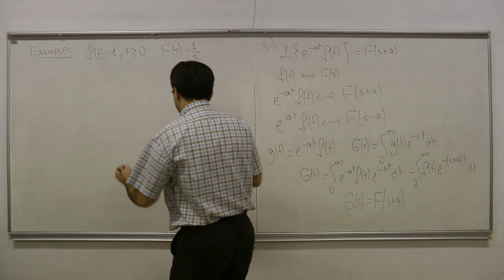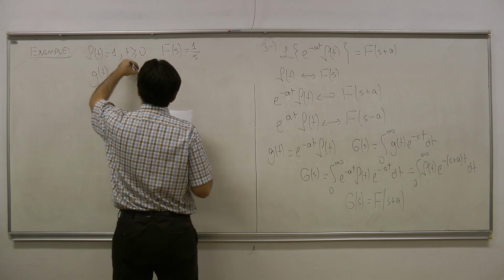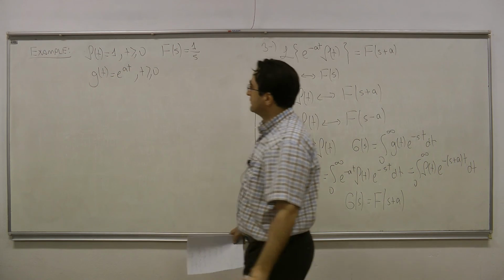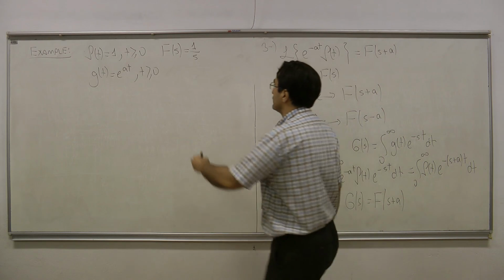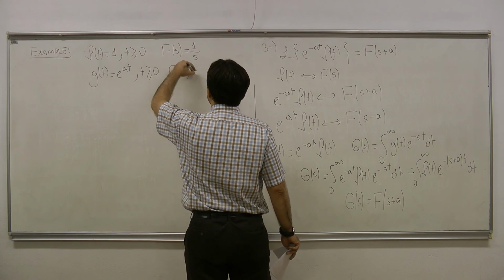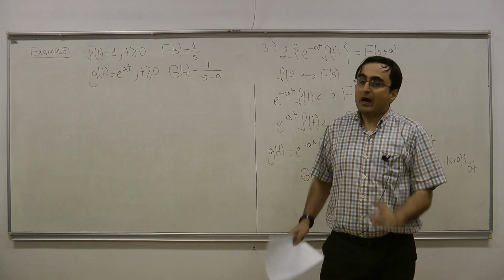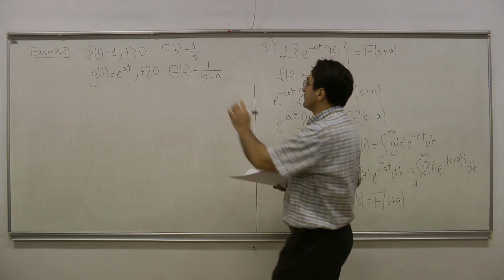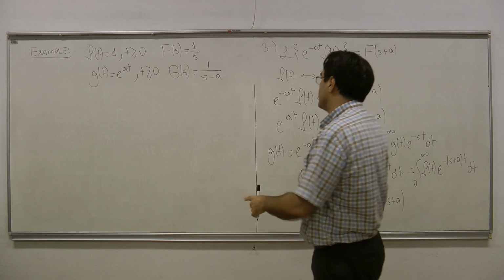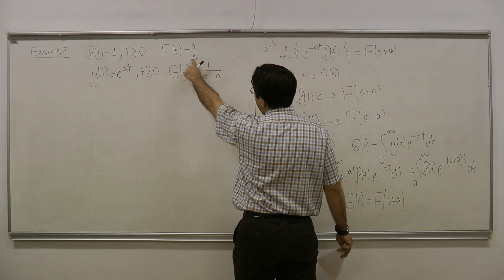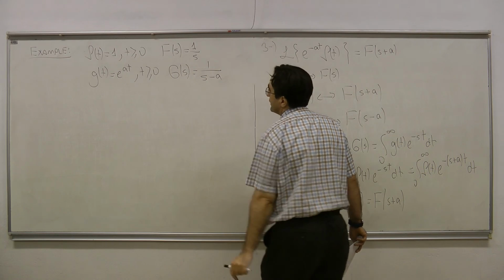Now remember the following. g of t is e to the at for t larger than or equal to 0. We have also found the Laplace transformation of such a function, and we have found that it is 1 over s minus a. Now you clearly see that there is a relationship between these two Laplace transformations, and that is nothing but I substitute s minus a here in order to pass from here to here.